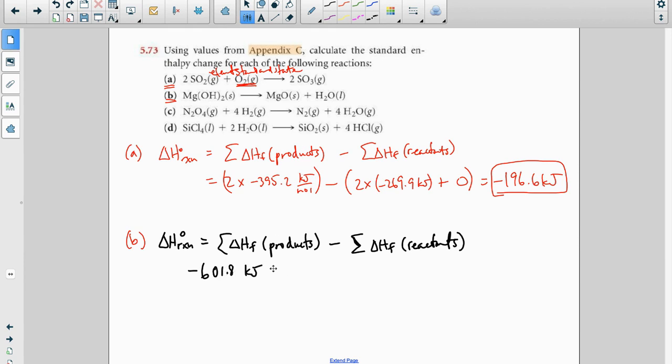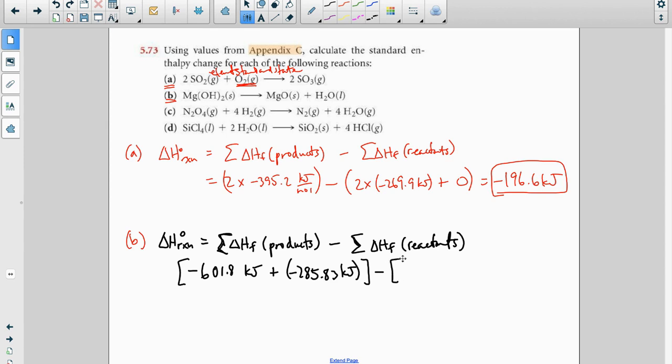And then we need to add on, because here's our summation here, 1 mole of H2O, the heat of formation for 1 mole of H2O. So that's going to be minus 285.83 kilojoules. Okay, so those are our products. Let me put some brackets around there to keep that separate.